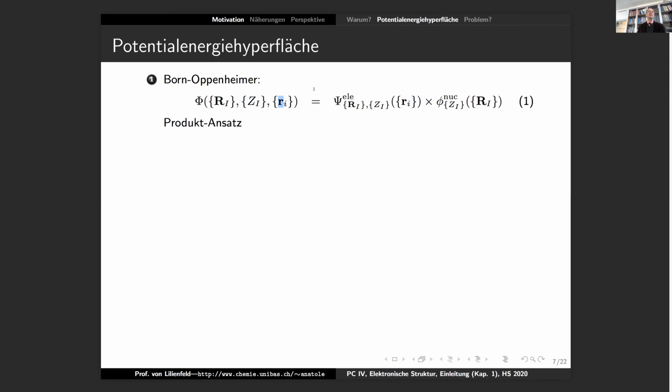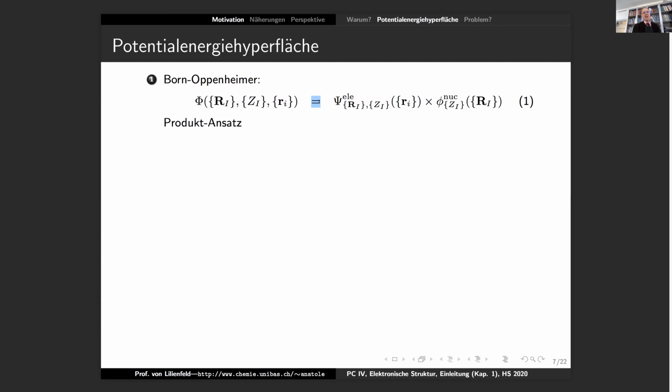And what we typically do is something called the Born-Oppenheimer approximation. And I apologize for this, this equal sign should really be an approximate sign. So we approximate this full wave function of nuclei, their nuclear charges, and the electronic positions, as a product of two wave functions. And that's an approximation.